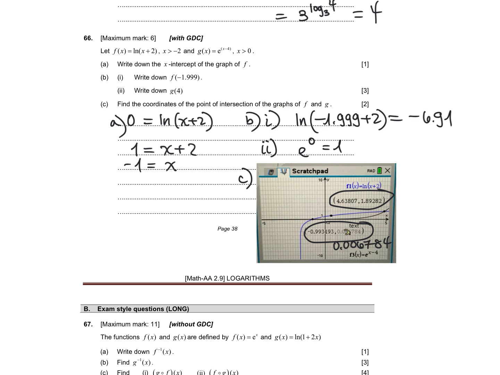But if you look at the domain for the black function, it's only good for x greater than 0.